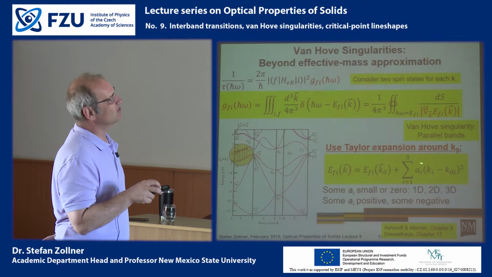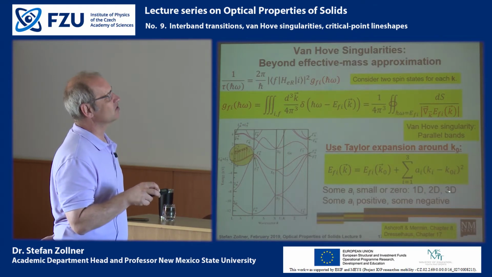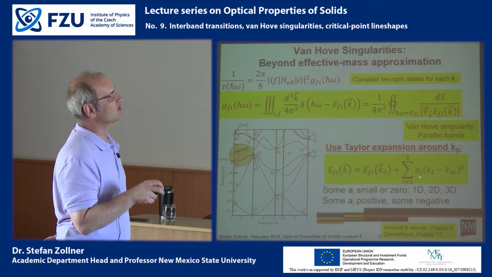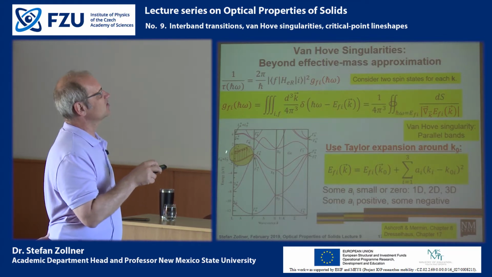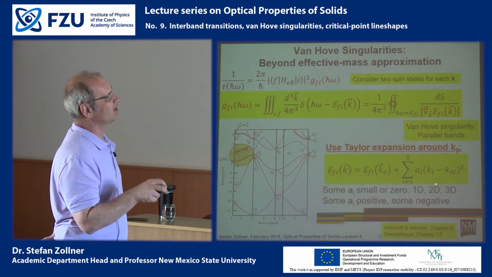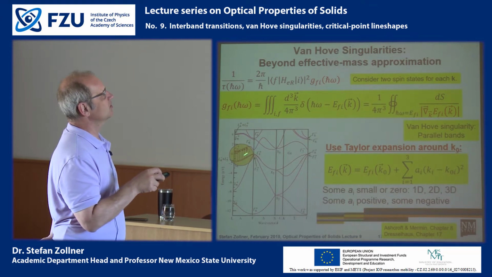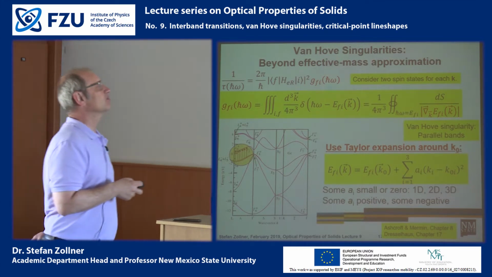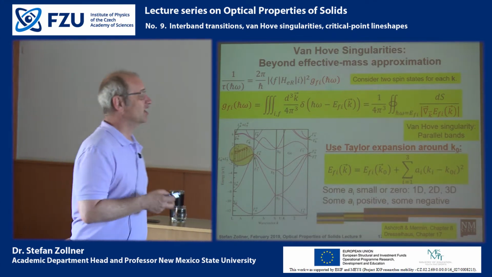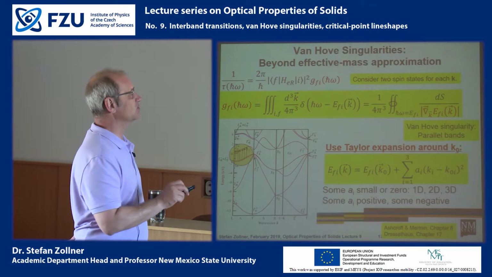So 2 of these a_i's are very large, and the third one is 0, and therefore this structure here is a 2-dimensional critical point because the energy does not change along one direction in k-space.